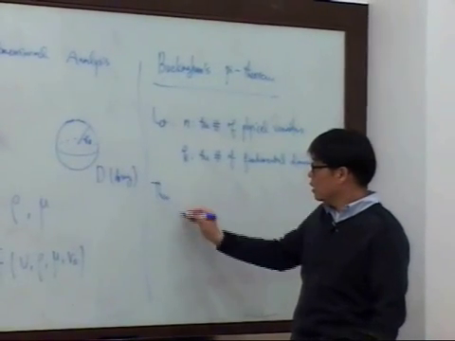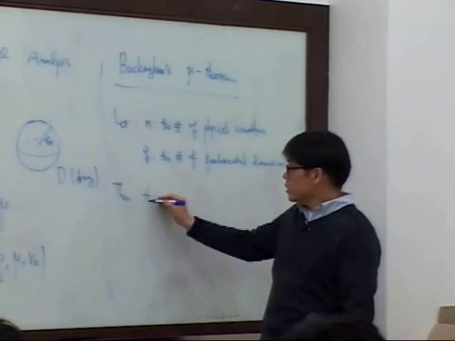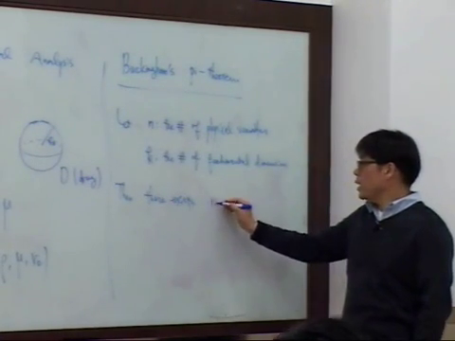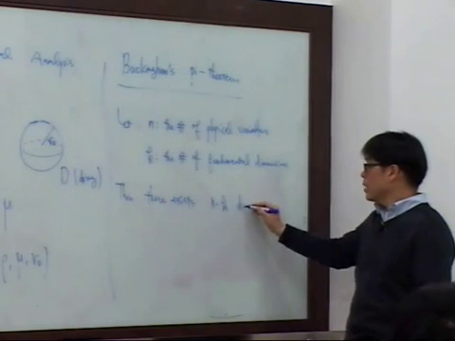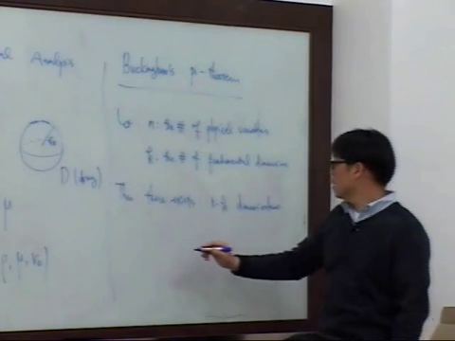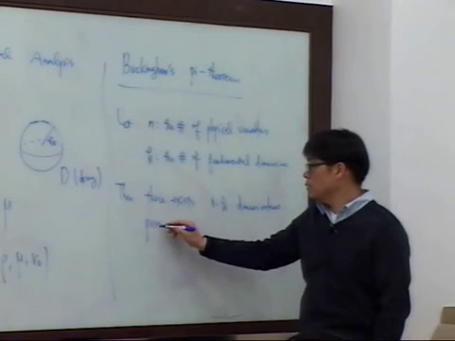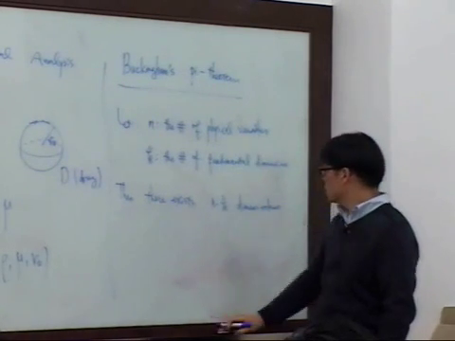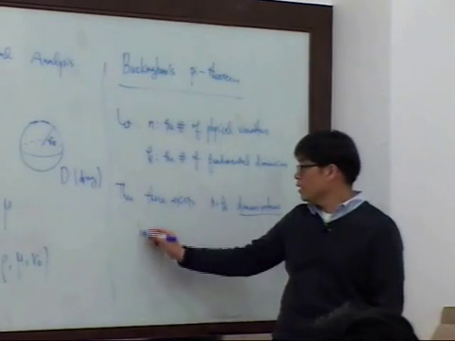Then there exist n minus k dimensionless parameters. So dimensionless is important.